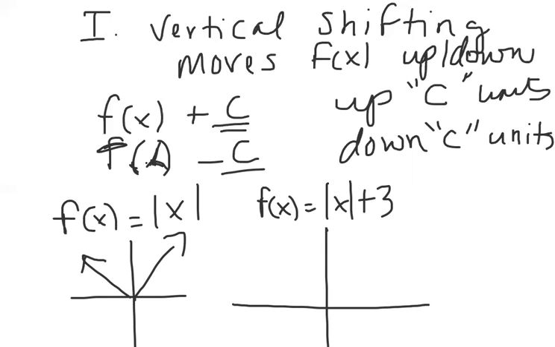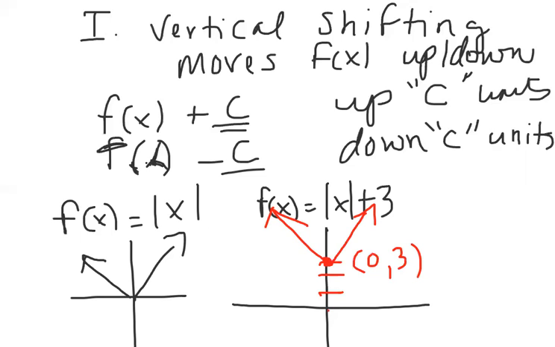So that plus 3 there, rather than starting the vertex at 0, is going to shift the vertex up 1, 2, 3, and then every single point on the graph, by the way, is getting shifted. The y value of every point on that graph is getting shifted up by 3 units, guys. So this is where the new graph would be located, and the vertex would be at 0, 3.